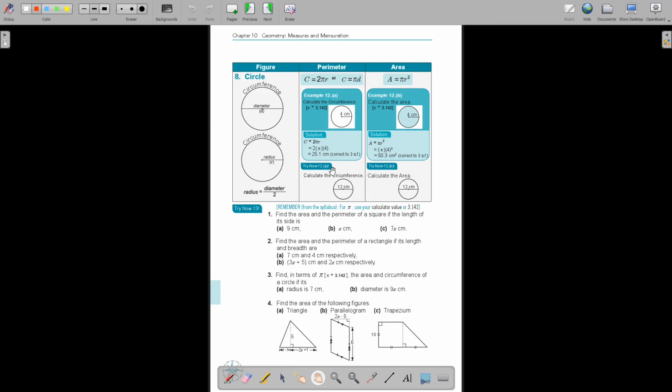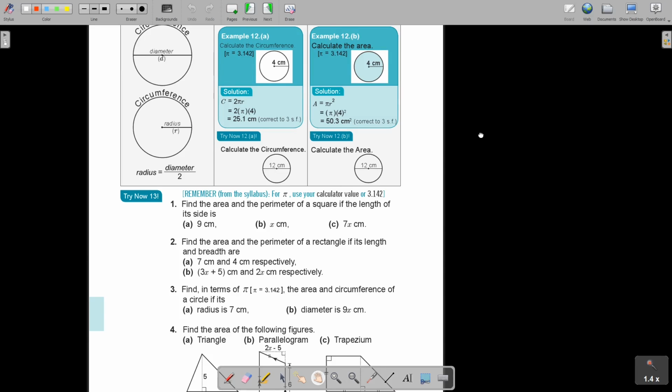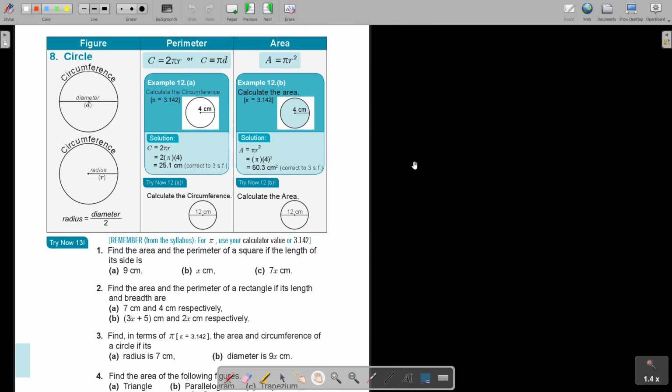Then the circle, and please don't get confused. If you look at the circle, the perimeter, or actually they call it the circumference, but I'm just going to say P now, it's 2 pi r. Then the 2 is on the ground. That is the distance around.